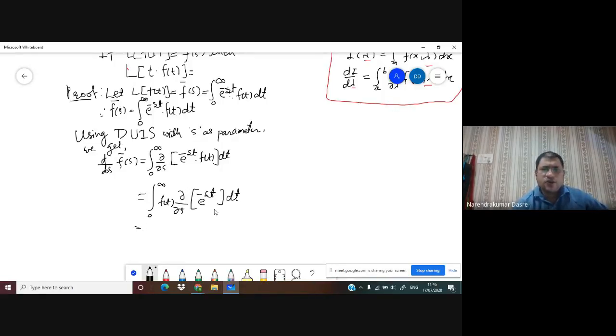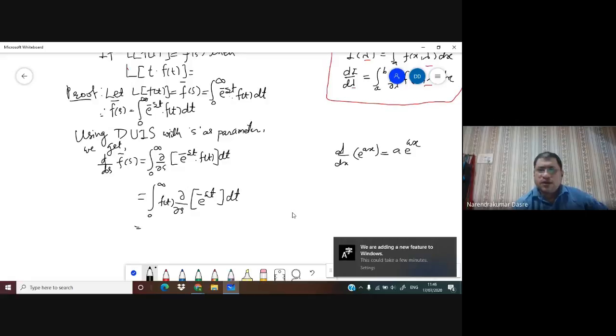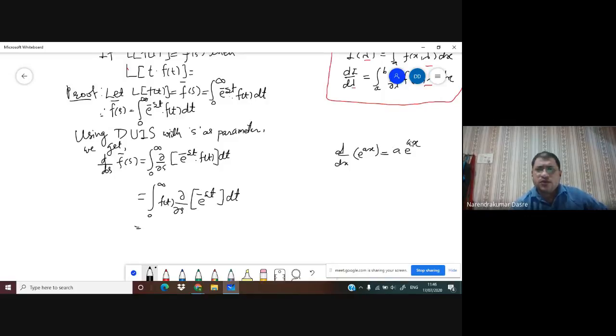So now, as we know, if I consider d by dx of e raised to ax, then it is a e raised to ax. So here, a is the constant, and hence here minus t will be constant because we are differentiating with respect to s.